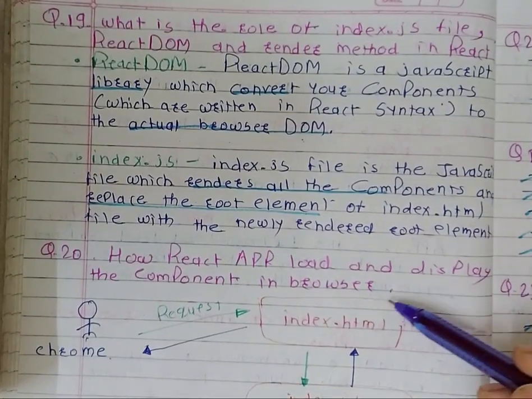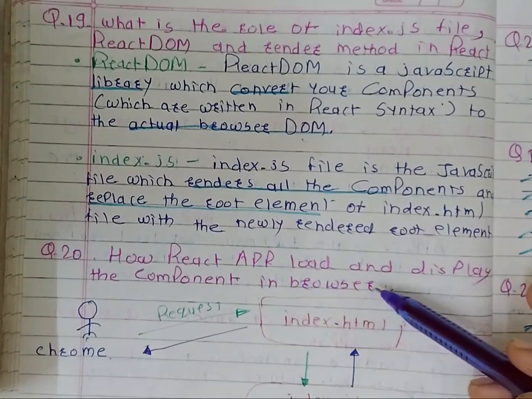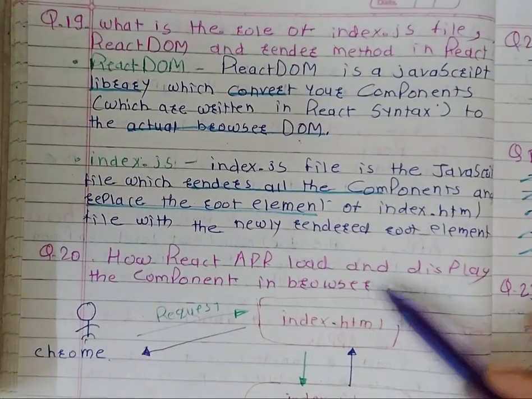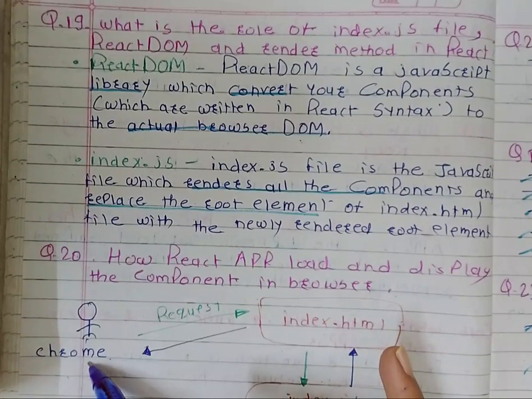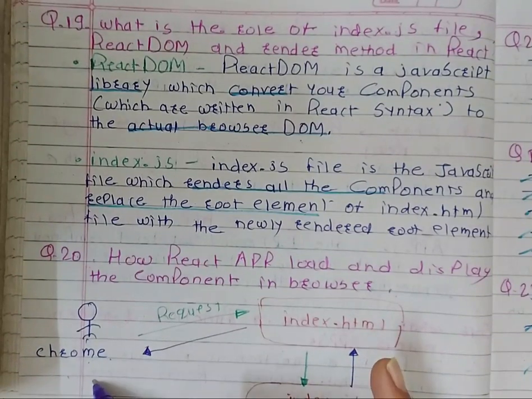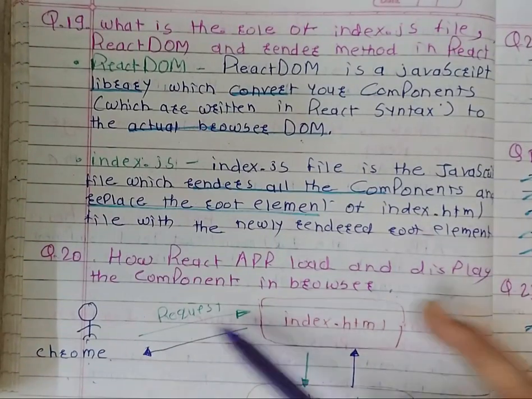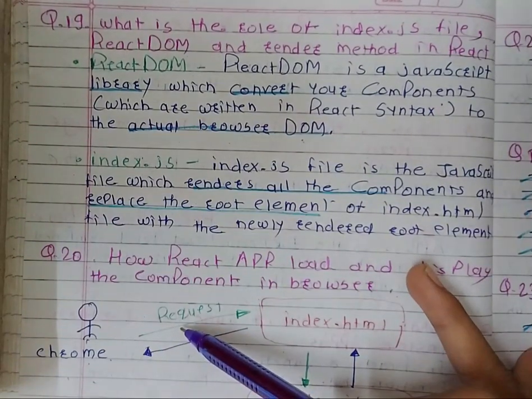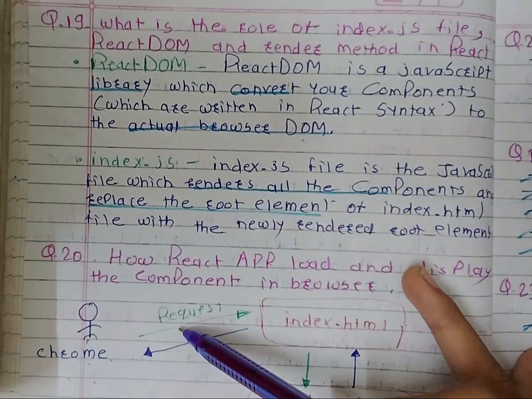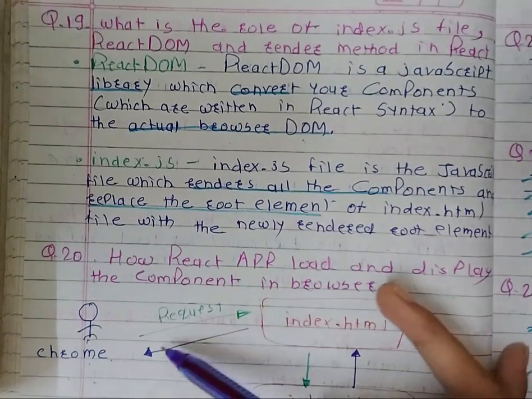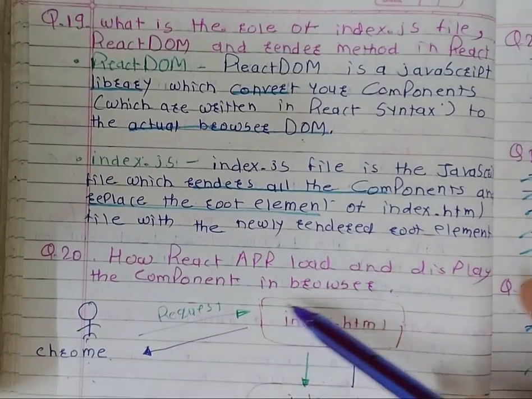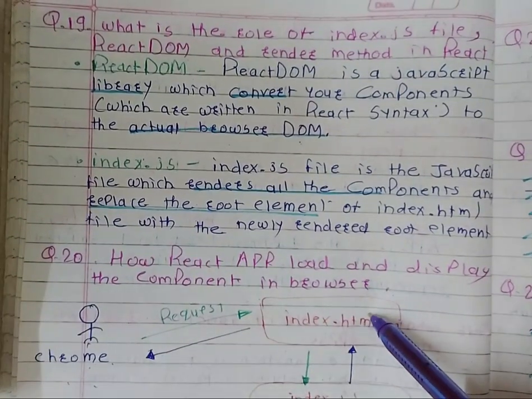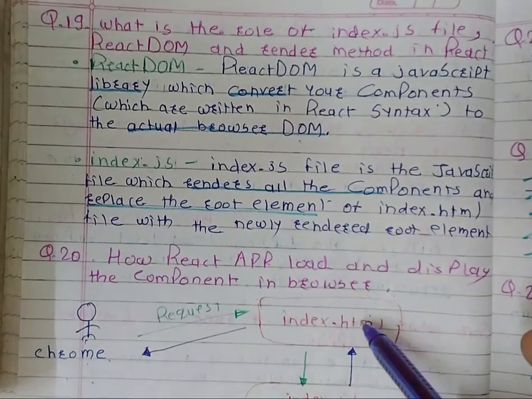How does a React app load and display the component in the browser? Take the example of Flipkart on our Chrome or mobile. For the purpose of login or register, first of all a request is made. Then it goes to our index.html file.